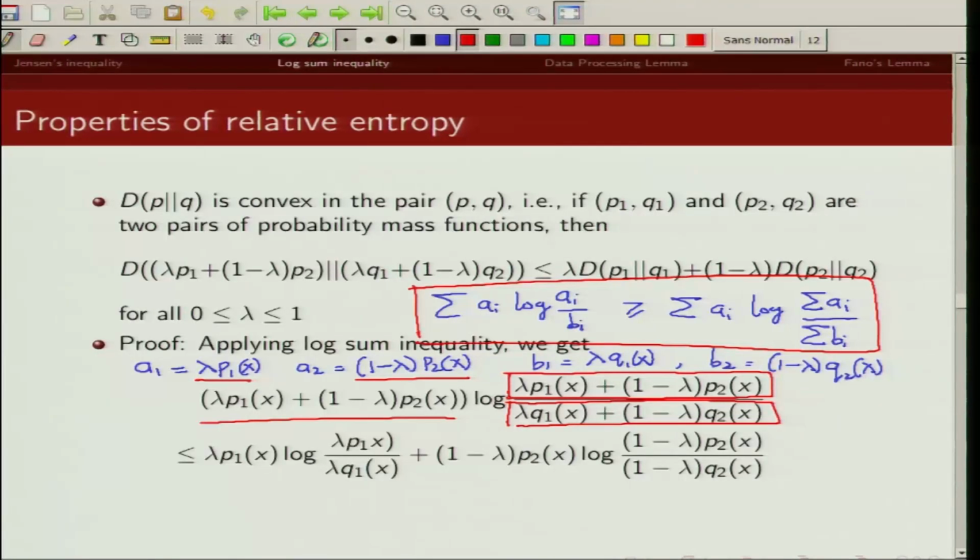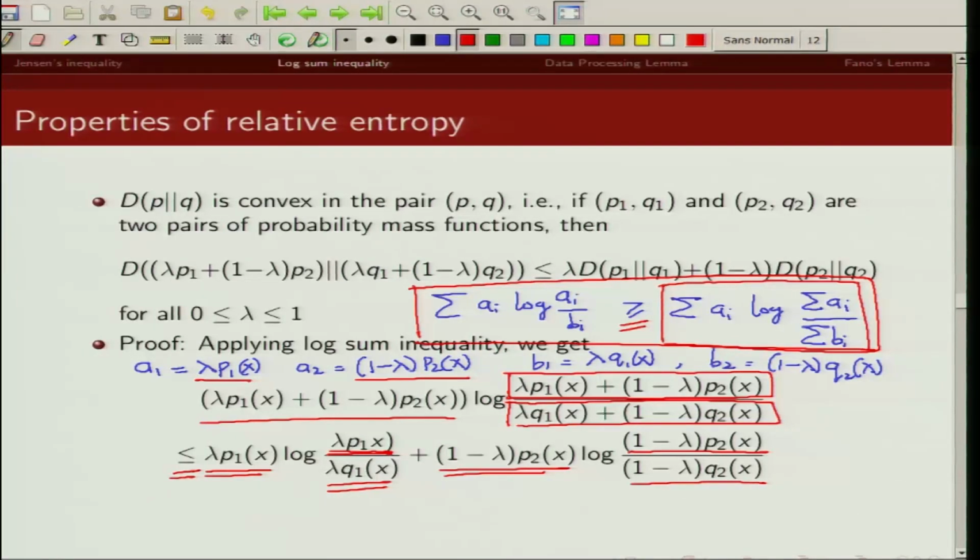Now according to the log sum inequality, this is less than or equal to summation of ai log ai by bi. So this is less than a1 log a1 by b1 plus a2 log a2 by b2. So what is a1? This is my a1, this is my b1, this is my a2 and this is my b2.